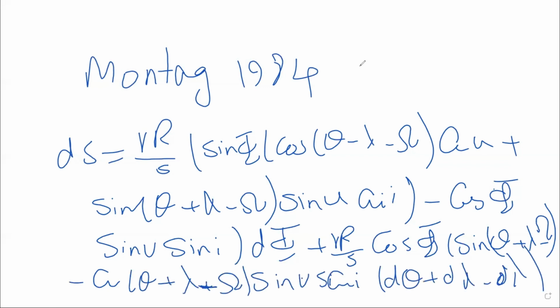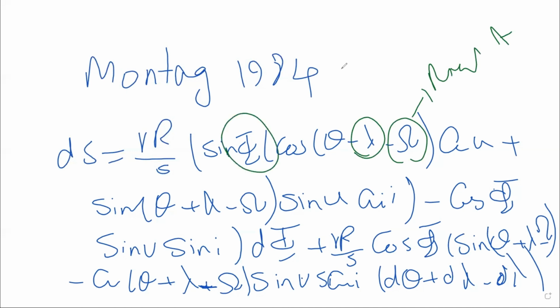So the parameter is this one, U, is argument of latitude, as far as I remember, for the orbit, right ascension, and the lambda and phi are connected to the coordinates of the pole.